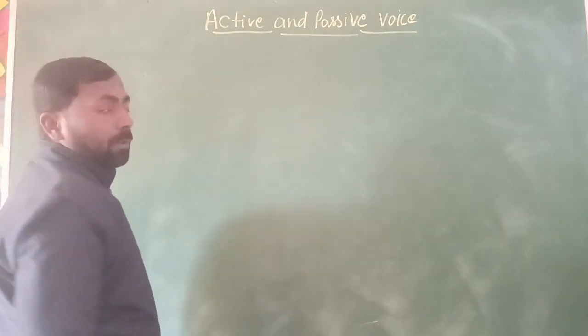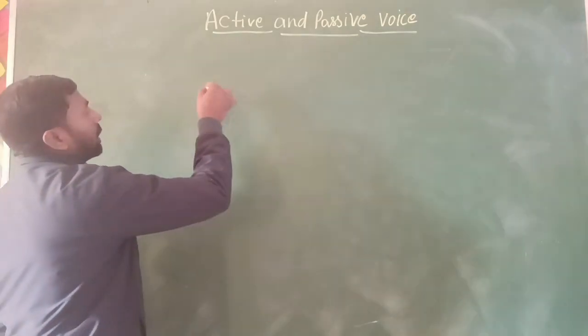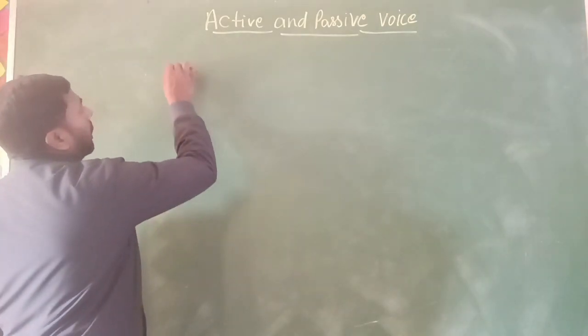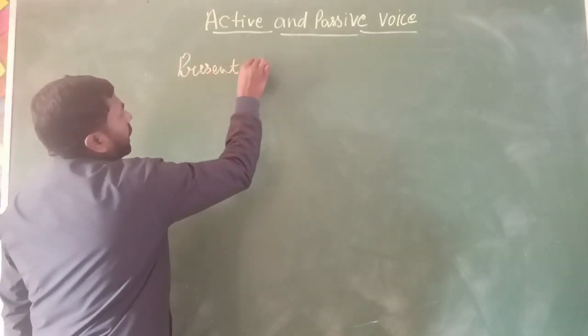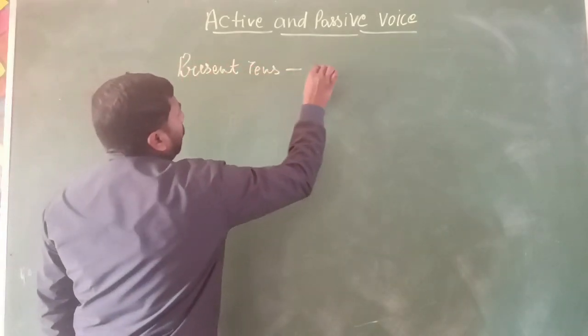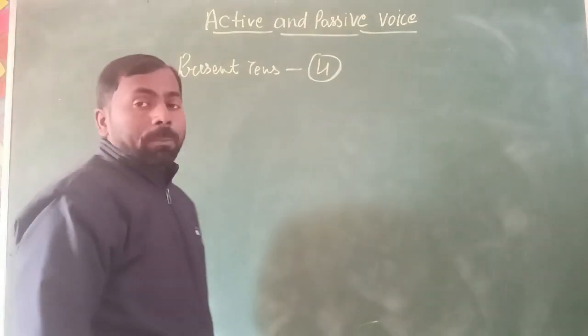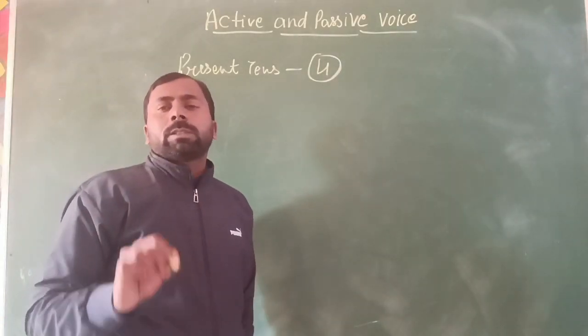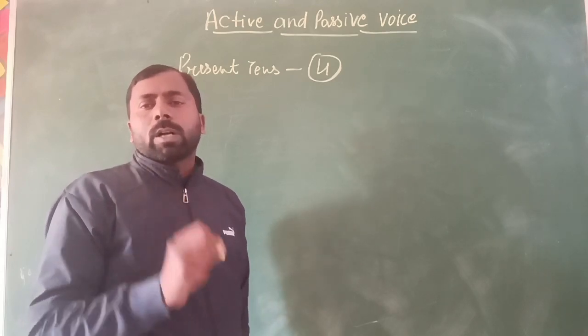Study, when we learn about the active and passive voice, there is this sentence of the present tense. In present tense there are four subparts: simple present tense, present continuous tense, present perfect tense, present perfect continuous tense.